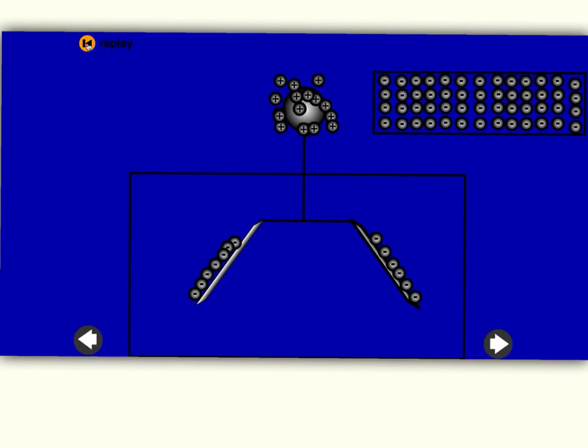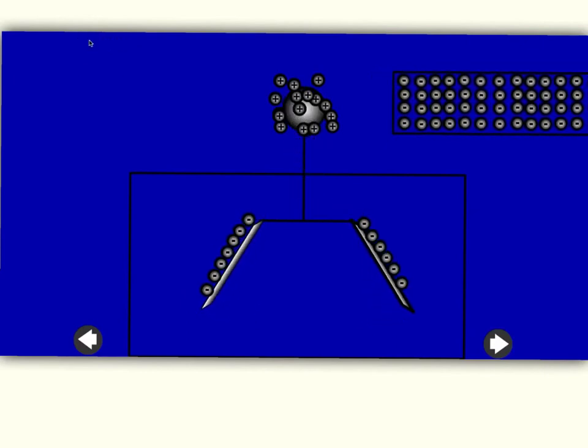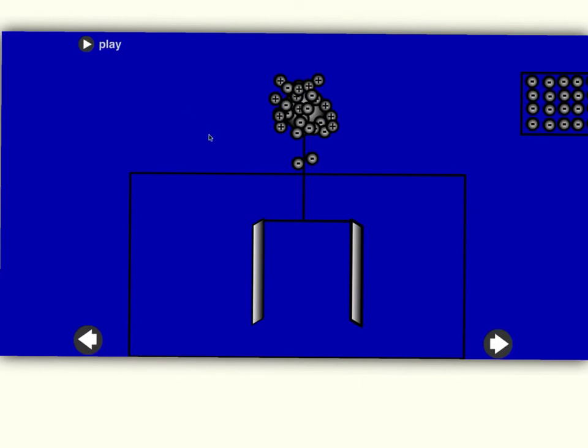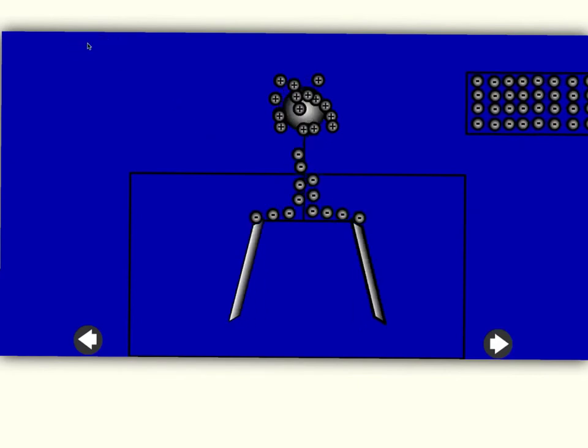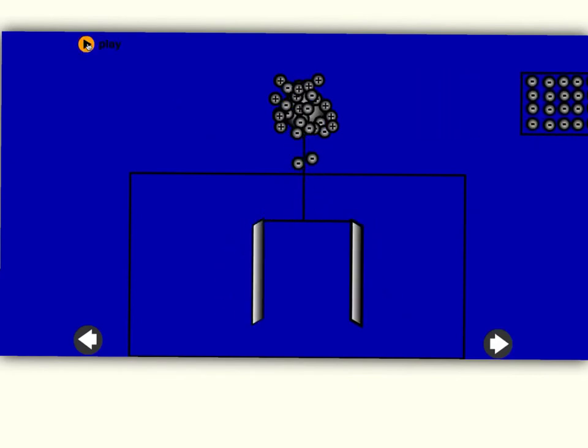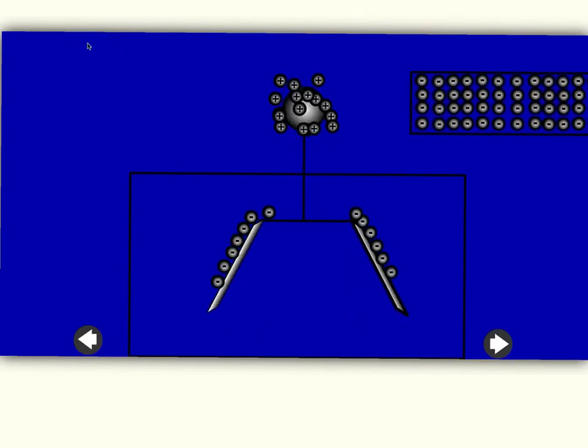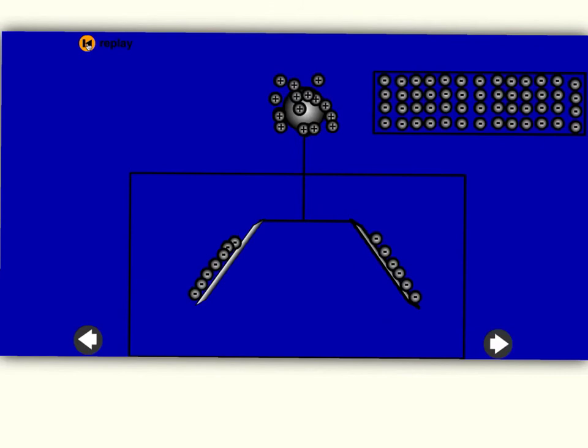Notice that as the negative strip is brought near the ball, the electrons on the ball are repelled away, and they try to run away, and the farthest that they can get is into the leaves. So here they are at the ball, strip is brought near, the electrons are repelled because like charges repel.